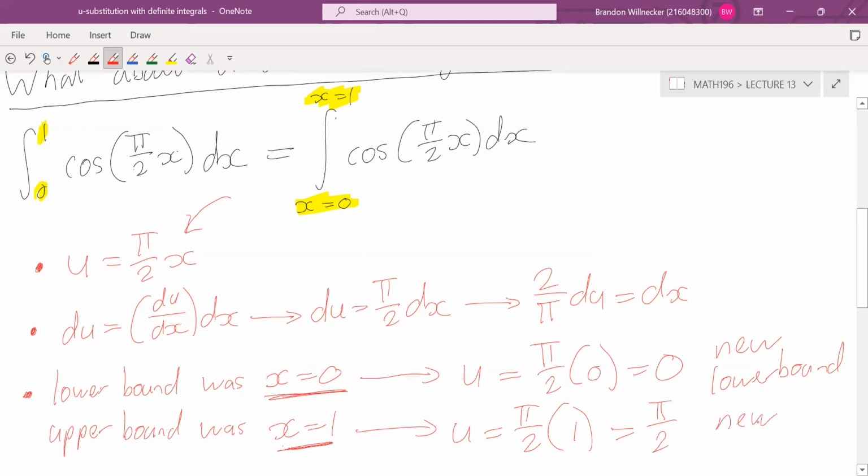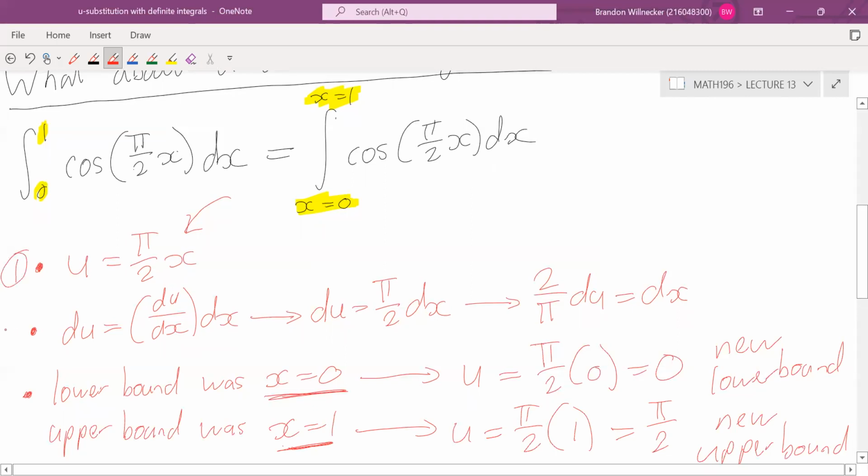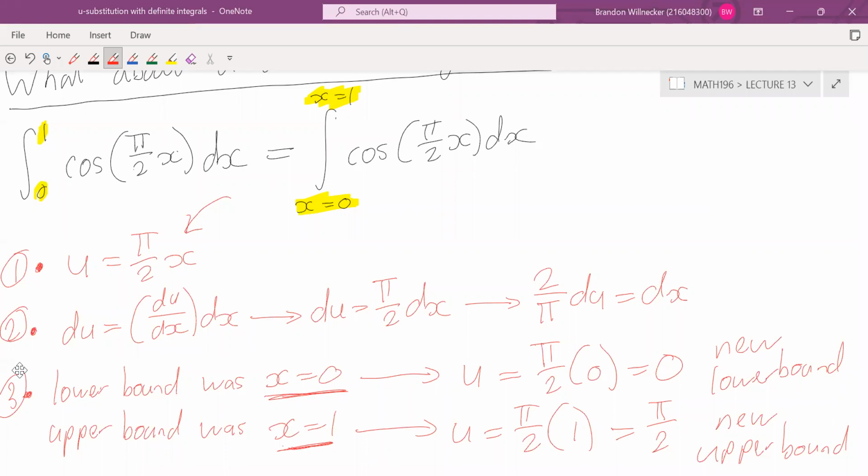This becomes our new upper bound. So previously we had the first 2 steps, but now if we are dealing with a definite integral, we have a third step. It's just one more step that we need to add. Are there any questions about this third step?